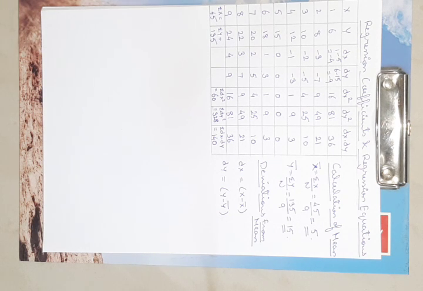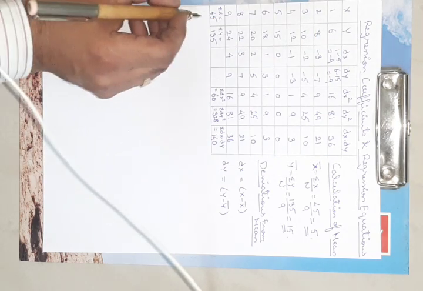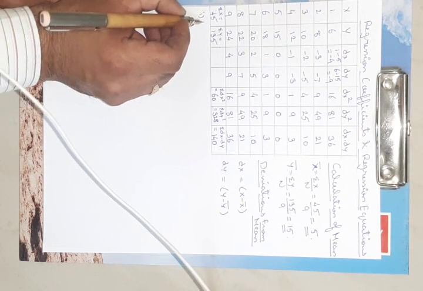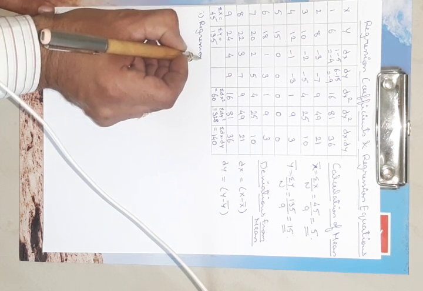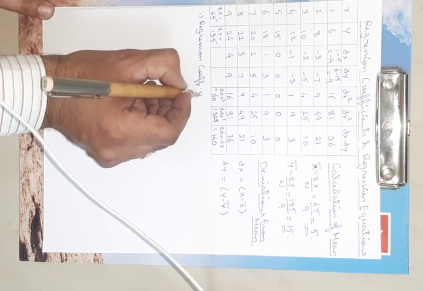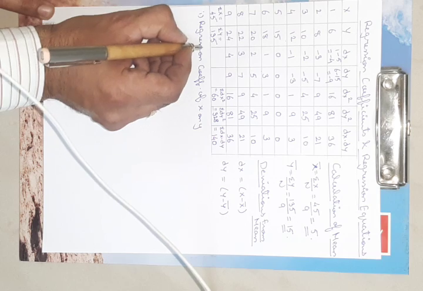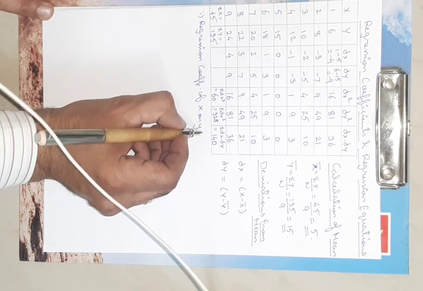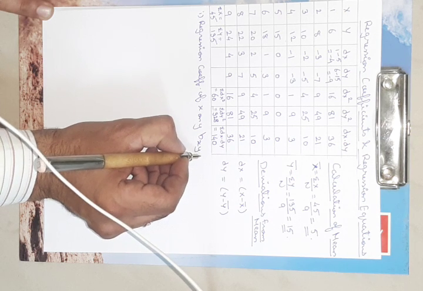Fine. Now starts the actual thing, that is regression coefficient. Number 1, we need to calculate the regression coefficient of x on y, which is denoted by small b, suffix xy.